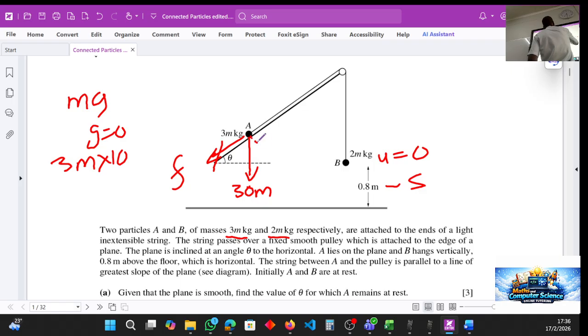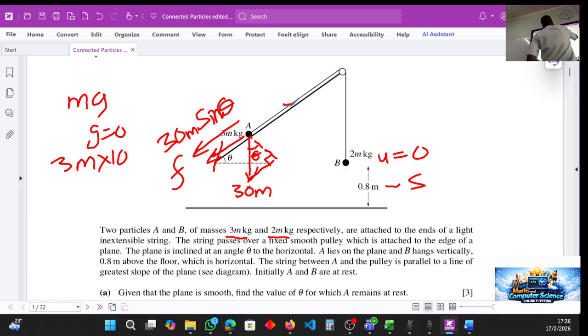But remember, we will be interested in this component should need arise. And actually, it's the weight component which is making this object rest in equilibrium. So remember, this is angle theta. The weight component pulling the object downwards is going to be 30m sine theta.